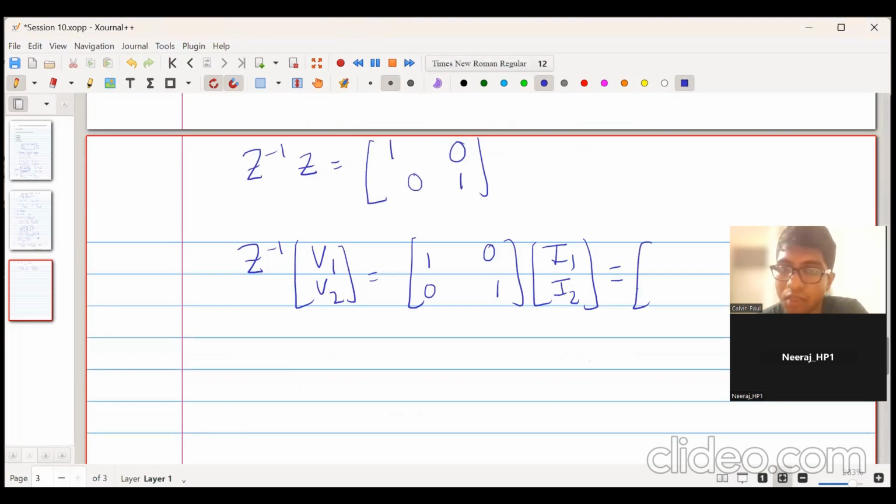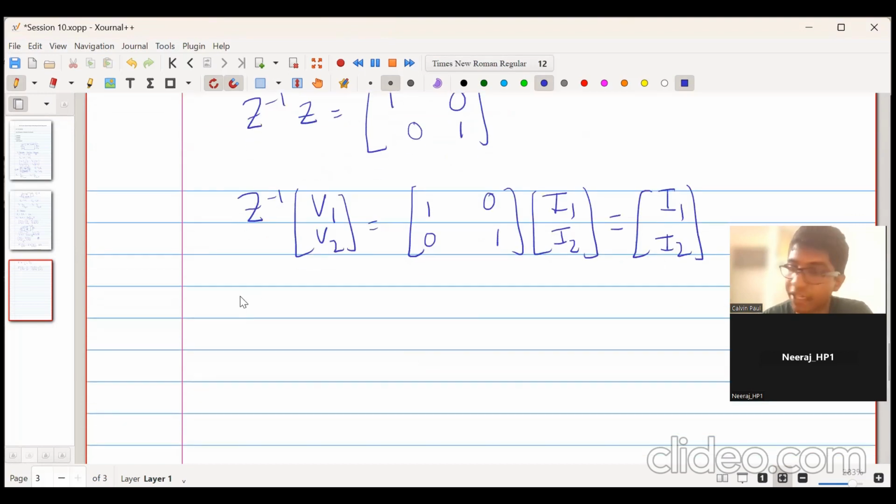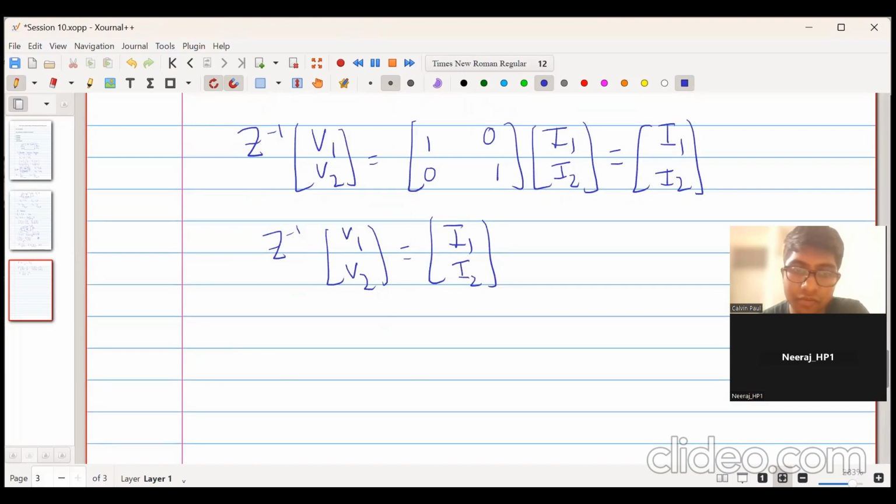It will be the current matrix I1, I2. Now we get the expression Z inverse V1 V2 is equal to I1 into I2. Now we interchange it. We just take the left hand side to the right hand side and right hand side to the left hand side.